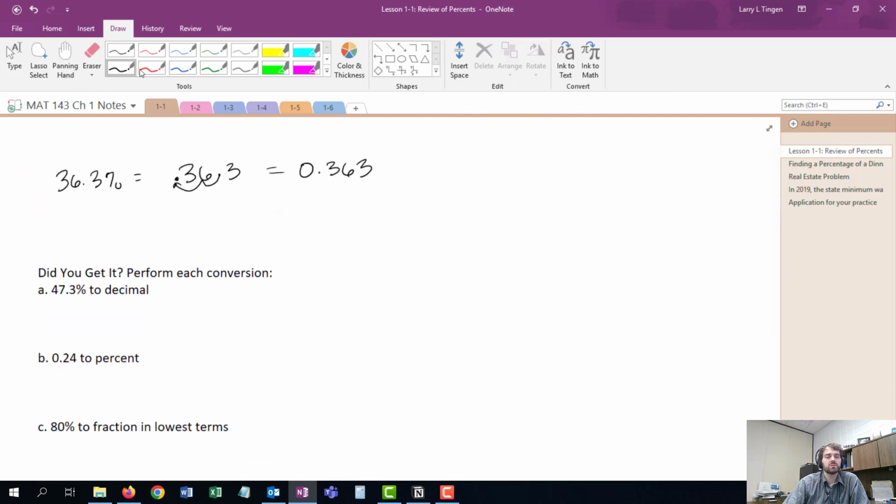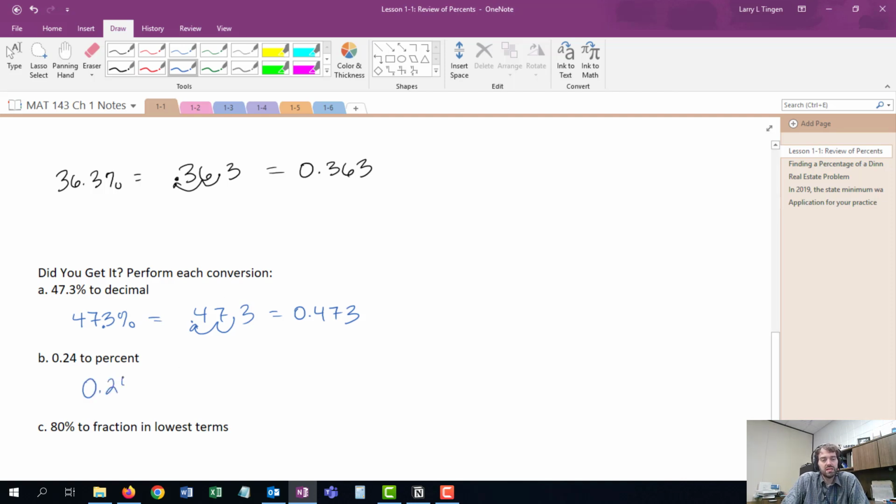So let's take a look at some examples. We've done something similar to this already, 47.3%. We know that that's going to scoot 2 places and become 0.473. Now, 0.24. We didn't give a specific rule on how to do this, but we do know how to go percent to decimal.